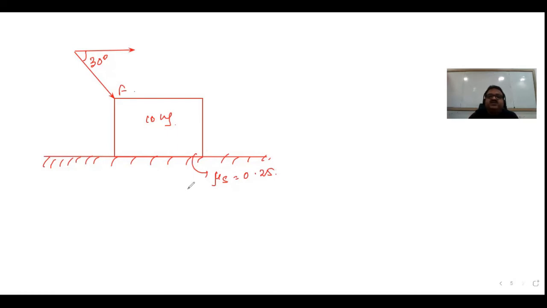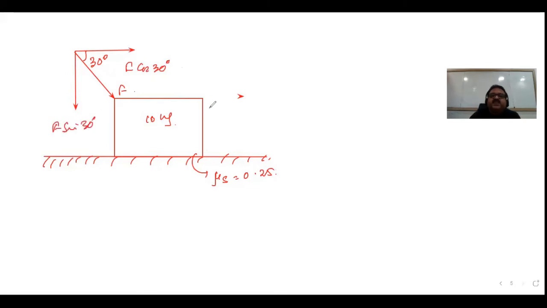So what to do in this case? First, split this force into two components. One parallel to the surface, another perpendicular to the surface. So if I do this, what will I get? This is equal to F cos 30 and this is equal to F sin 30.